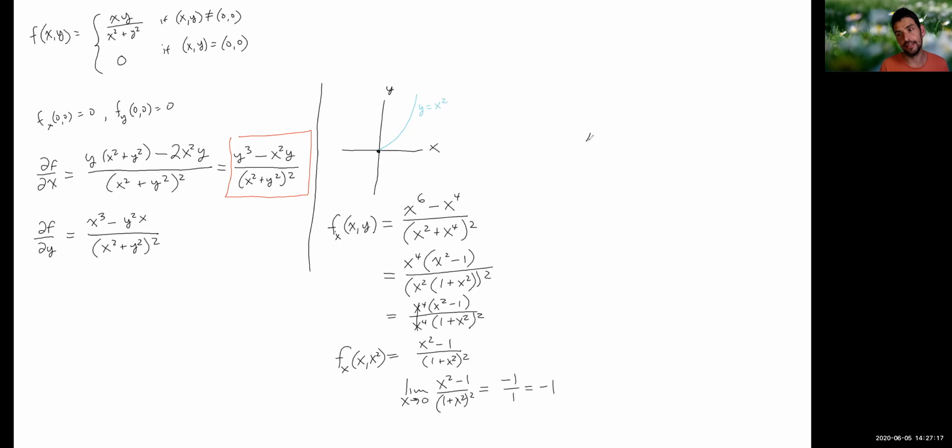A function is differentiable at the point a, b if delta z, the change in the function, is equal to the x derivative at a, b times the change in x, plus the y derivative at a, b times the change in y, plus we have these two error functions, that often use epsilon, whose limits have to go to 0.